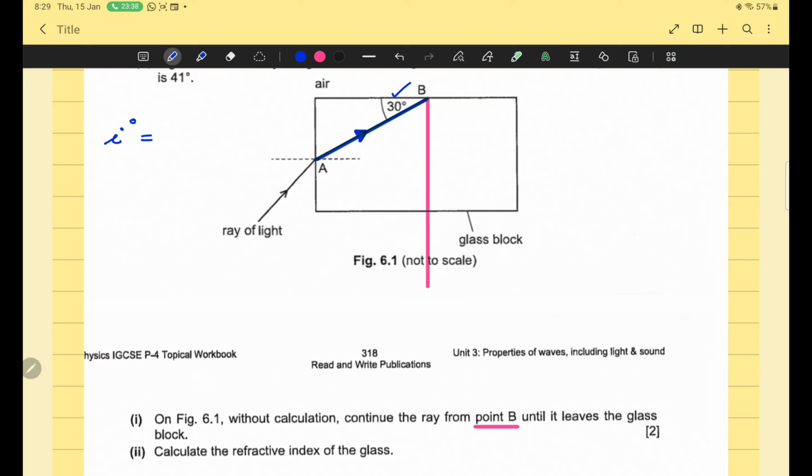Because this angle 30 is not with the normal. The angle with the normal is called angle I, the incident angle, and the incident angle is 60 degrees. Rafe replied, sir, it is 60 degrees.